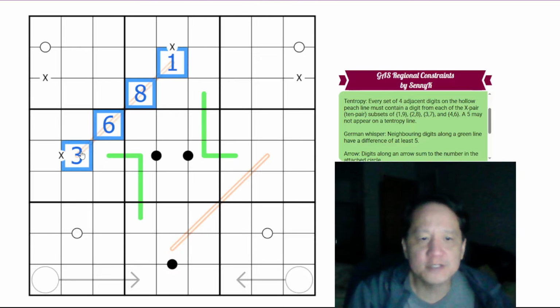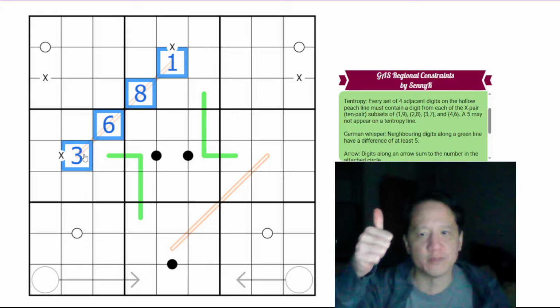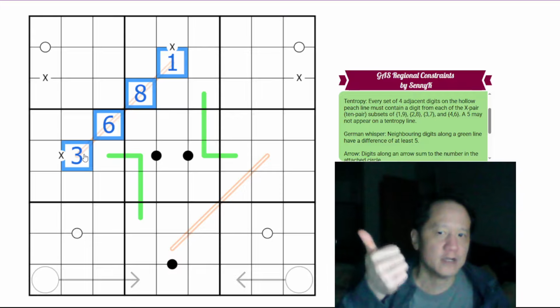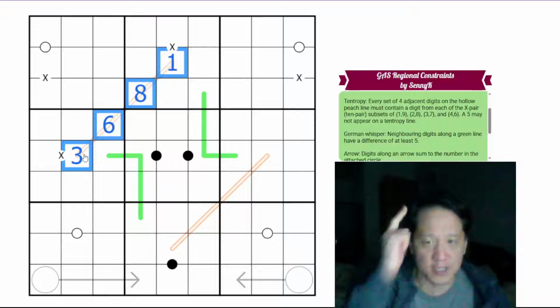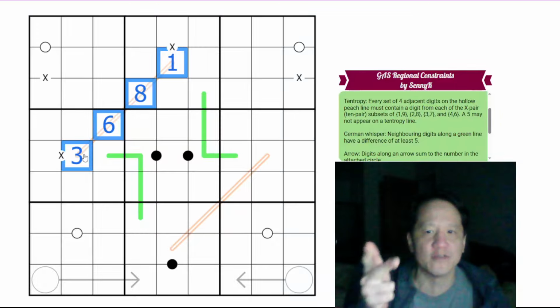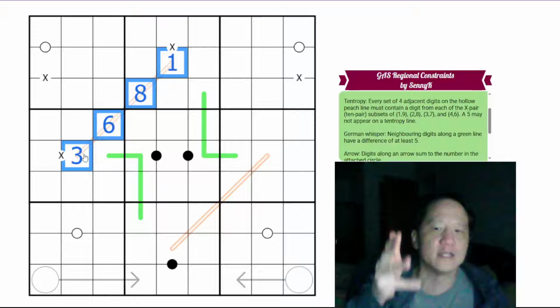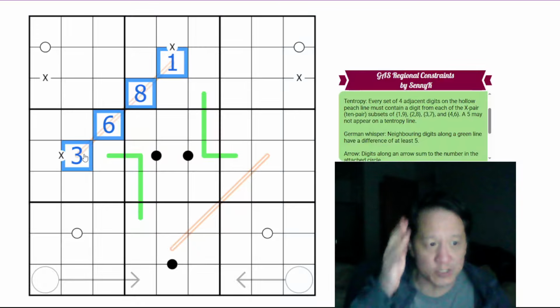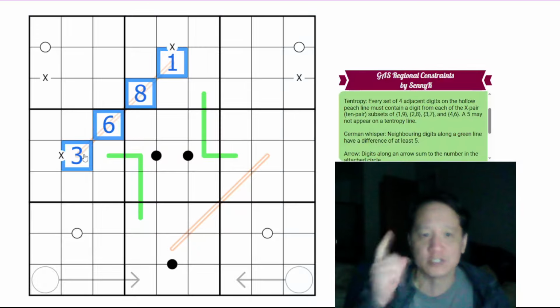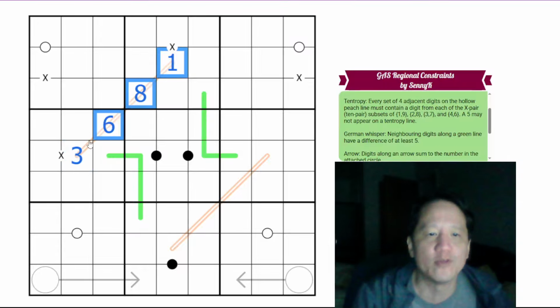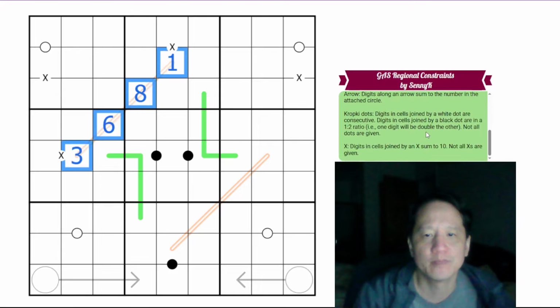Along this, every 4 adjacent digits on this line, you have a digit from the subset 1, 9, which is 1, a digit from the subset 2, 8, which is 8, a digit from the subset 3, 7, which is 3, and a digit from the subset 4, 6, which is 6. So that's an example of how entropy lines work.